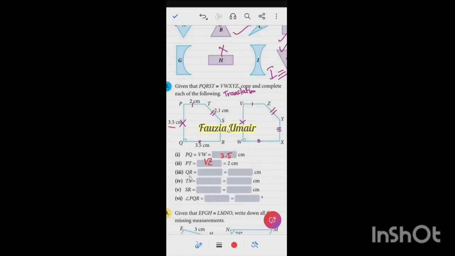Now QR, this is the QR base, is corresponding to WX, which is equal to 3.5 centimeters. Now TS, the diagonal line, is the same as YZ, and the value is 2.1 centimeters. Now SR is corresponding to XY, which is equal to 2 centimeters.